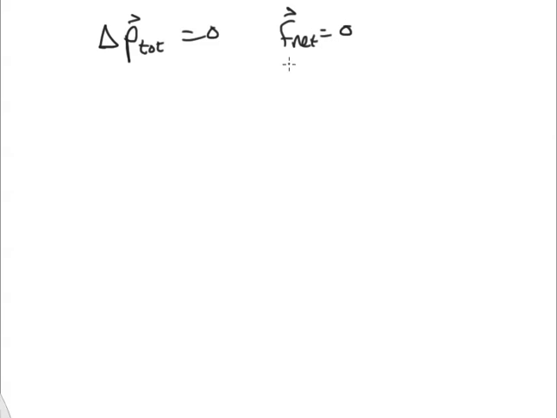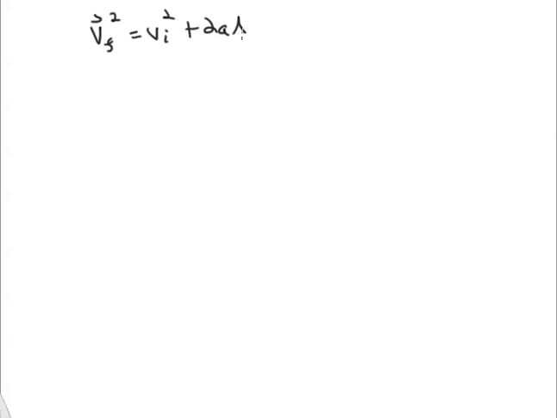Now we can move forward and look at a different kinematic equation. We're still going to have the net force on the object be equal to 0, but we're going to be looking at this kinematic equation. As we've said before, the acceleration will be equal to 0 because the net force is 0, so we're just left with the final velocity squared and the initial velocity squared.